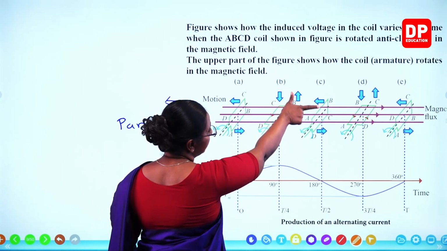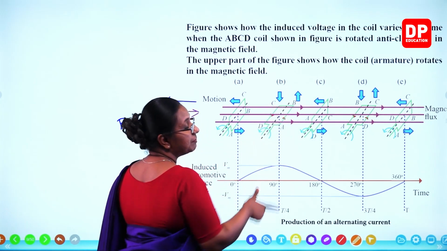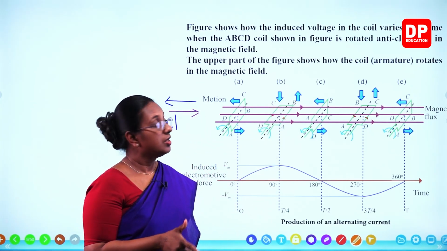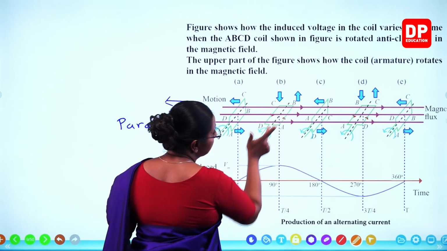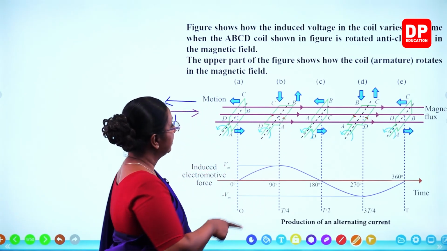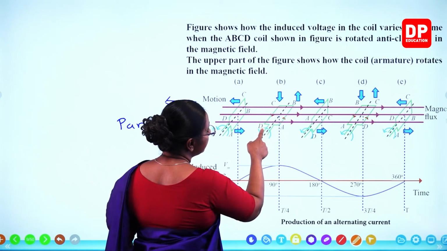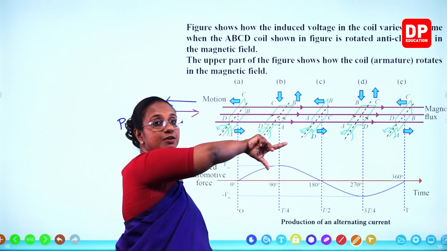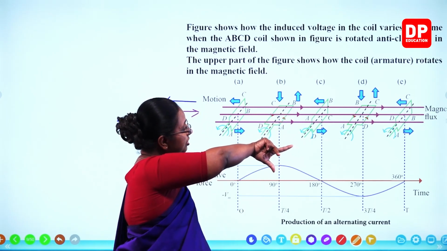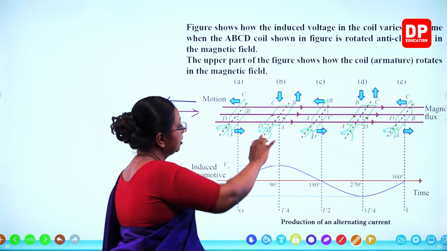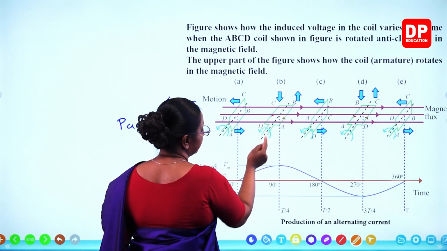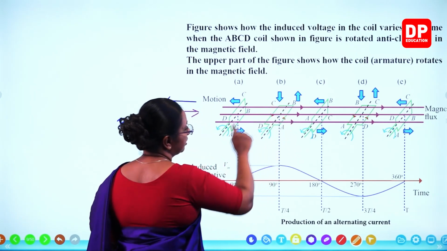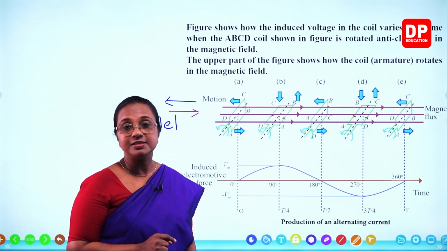If we consider AB, the thumb is upwards. So how will the current flow through AB? In the AB direction. The same way if you consider CD, movement downwards, field is from in this direction, so current flows out. So the direction of current flow is going to be ABCD and the armature rotates in the anti-clockwise direction.